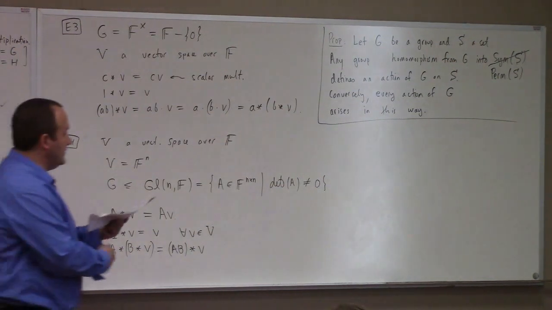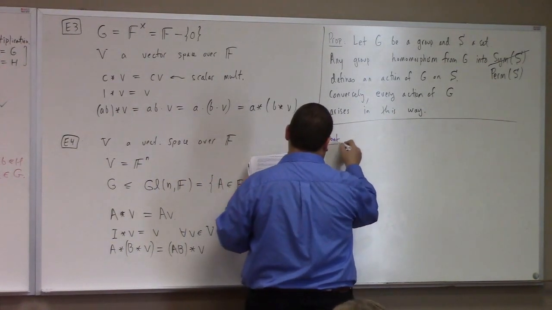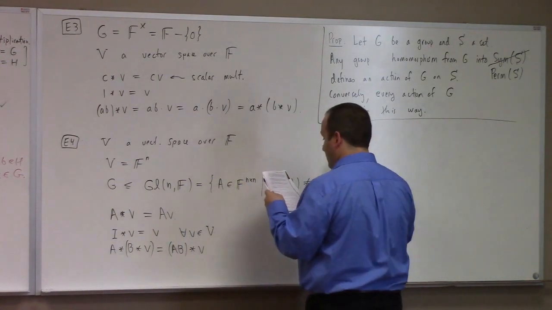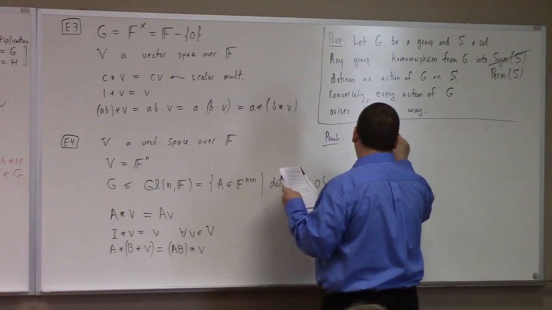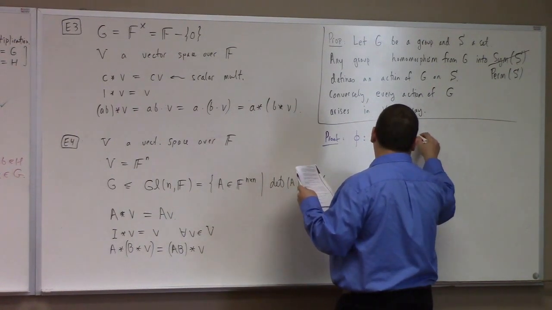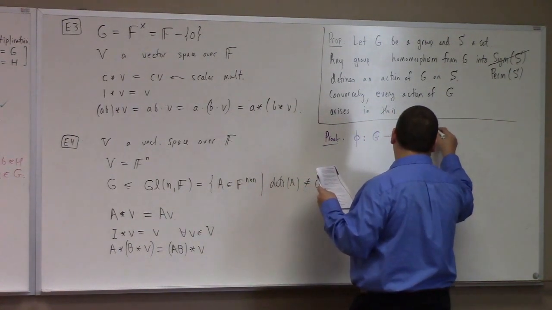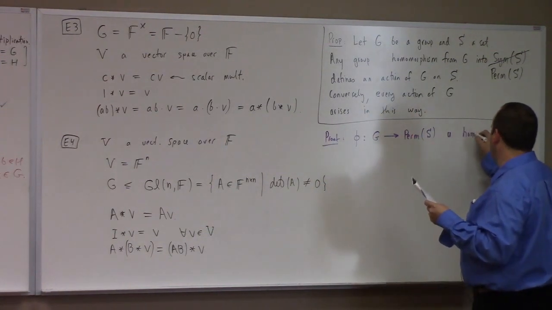So let's get to it. Proof. So he says, take a homomorphism phi from G to the set of permutations of S. So assume this is a homomorphism. What do we want to do?